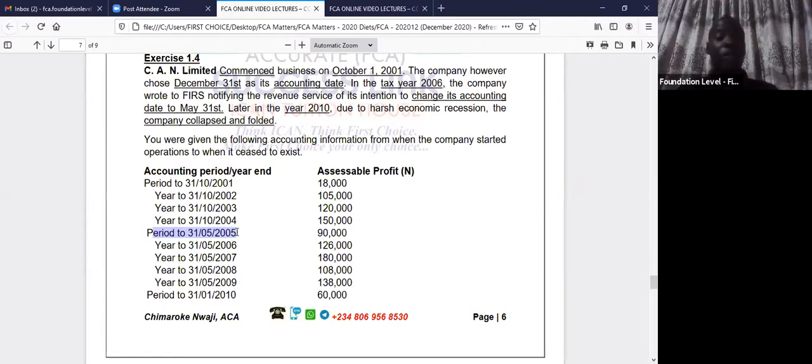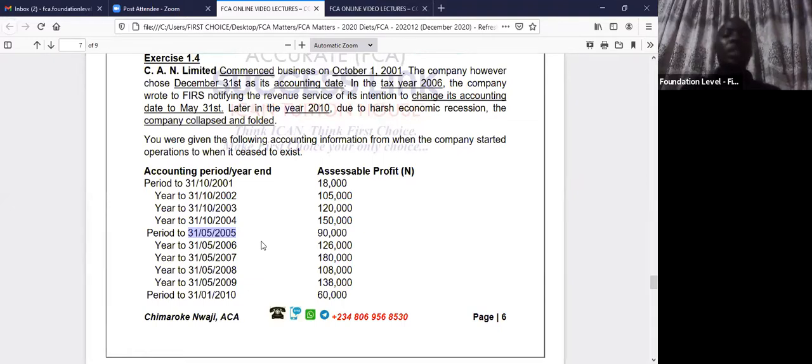So you ask yourself, which accounting year is this period affecting? Preceding year basis must end in 2005. That means it's affecting 2006. So you see it here, 2006. So how many months is in this period? 7 months.